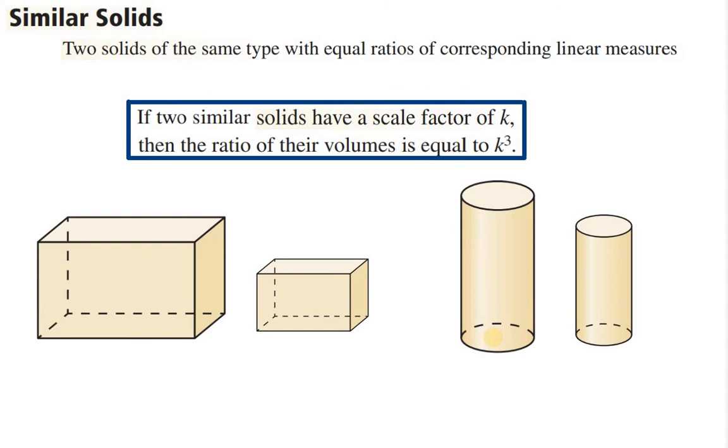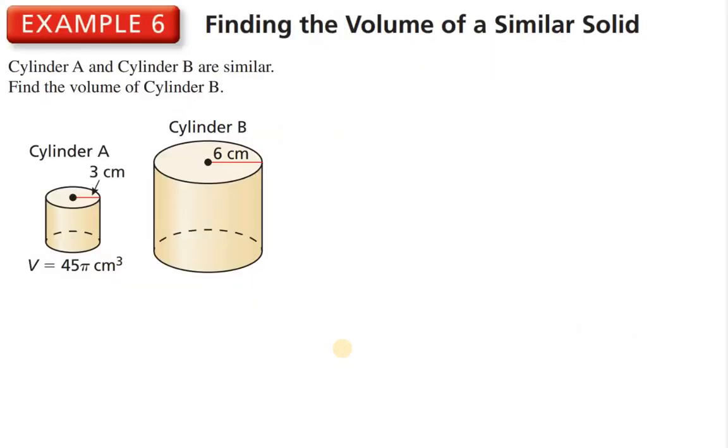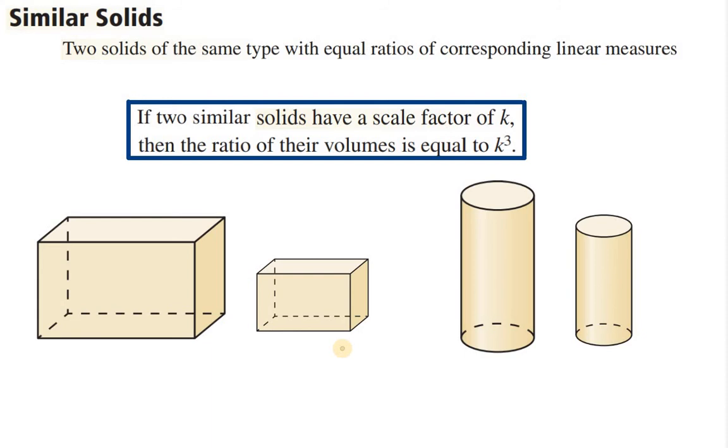All right, similar solids. Similar solids are the same type of solid with equal ratios of the corresponding linear measures, like for example, the radius and the height, or the length and the width. Okay, so if we want to find the volume of a cylinder, oh, sorry, I skipped some important information.